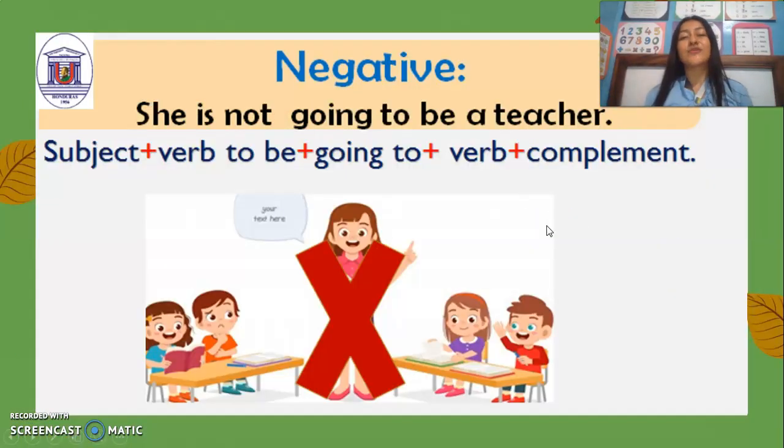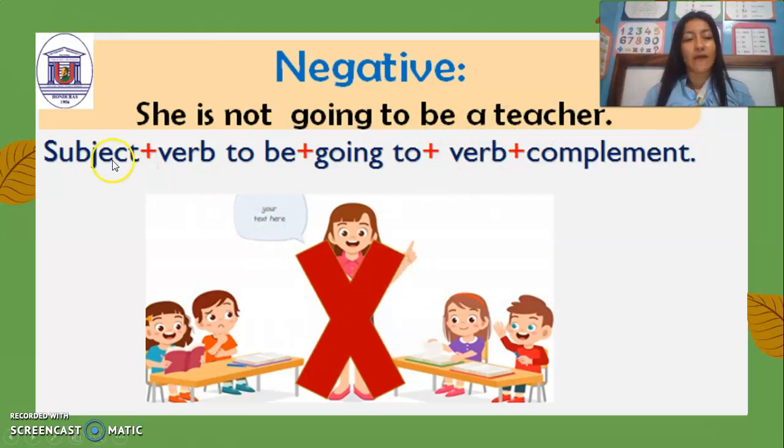Now, let's learn about negative sentences. Subject plus verb to be plus going to plus verb plus the complement. Let's read the sentence together. She is not going to be a teacher.